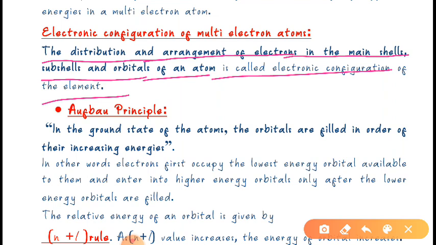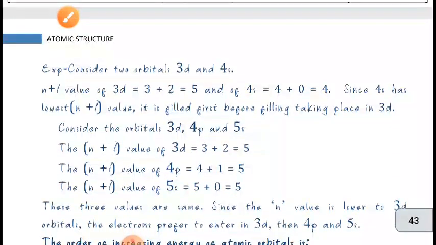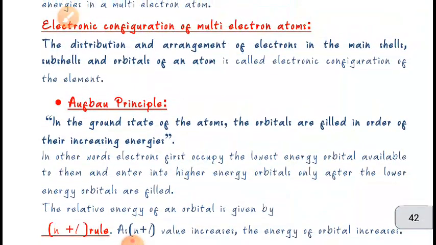Okay, so regarding the electronic configuration, we will see several rules. The major thing which we consider is the Aufbau principle. Okay, so this is the Aufbau principle. What is this Aufbau principle? What does it say?